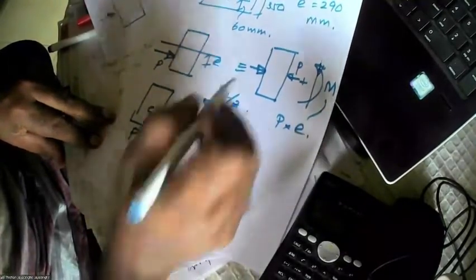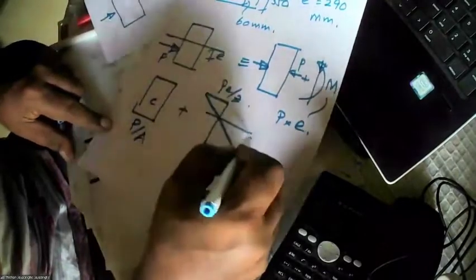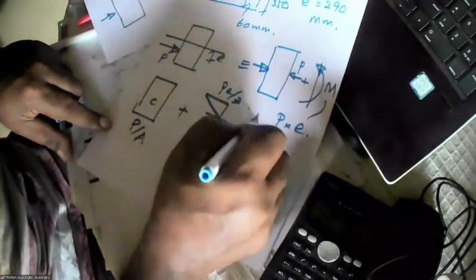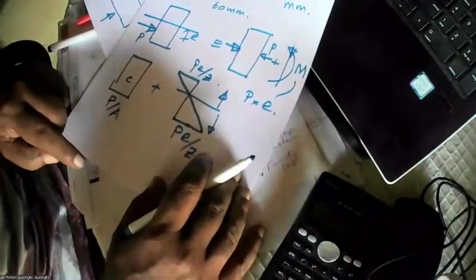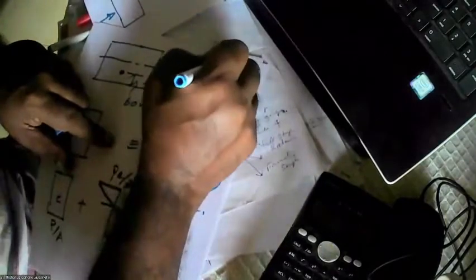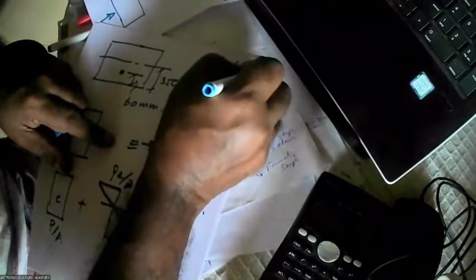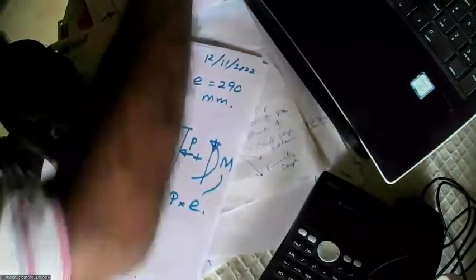Now here you can see we have to measure this way and this way, so we need a sign convention. The sign convention that I use can be slightly different, because this is the only sign convention that will work under any circumstance, like hogging and sagging.